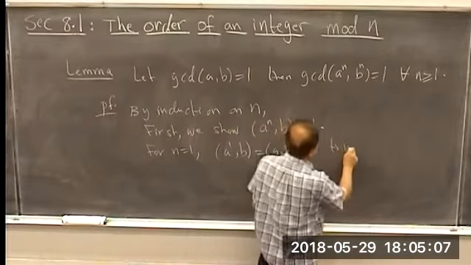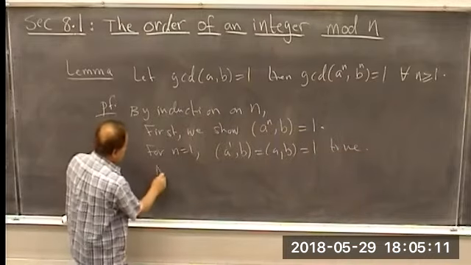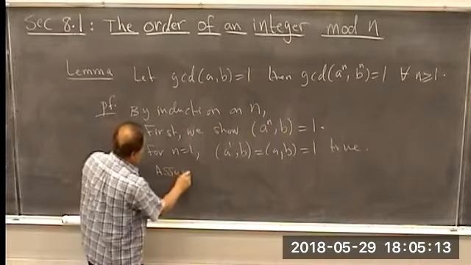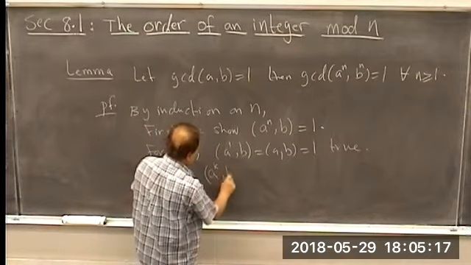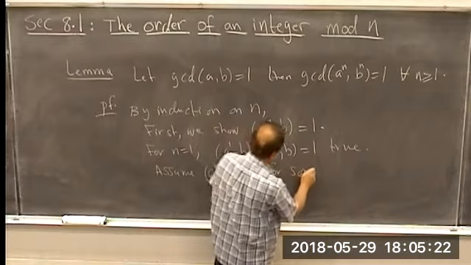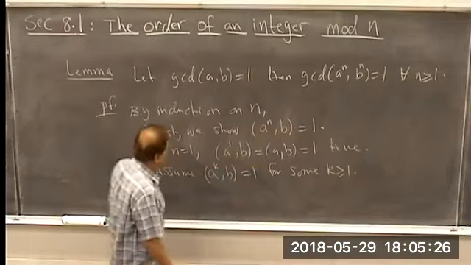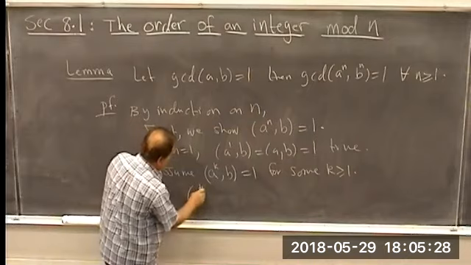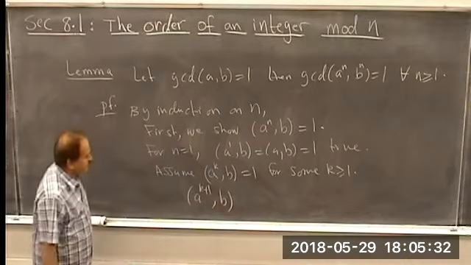This is true by assumption. So let's assume the greatest common divisor of A to the k and B equals 1 for some k bigger than or equal to 1. And we're going to consider A to the k plus 1 and B.